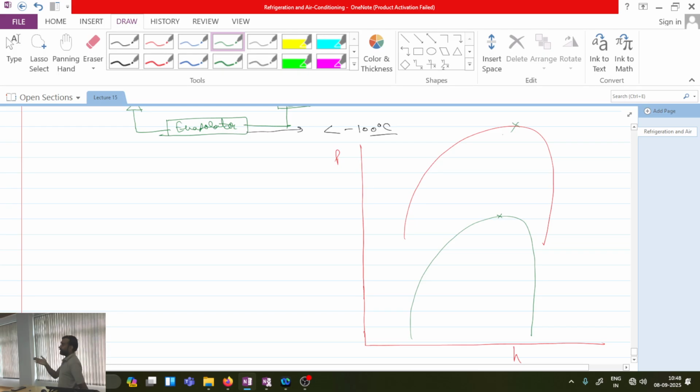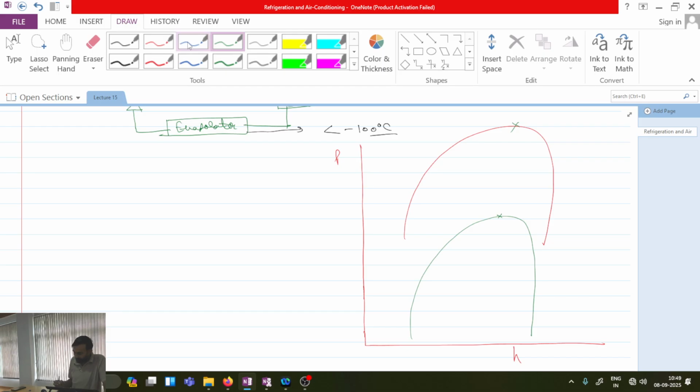Usually the critical temperature of the low pressure refrigerant is significantly smaller than the critical temperature of the high stage. If the critical temperature is very low, this low pressure refrigerant cannot be used up to ambient temperature conditions, because corresponding to ambient temperature it may cross its critical state. If it crosses its critical state, it will always remain in the vapor phase. It will not come back into the liquid phase. Is this point clear? All are clear with this point?